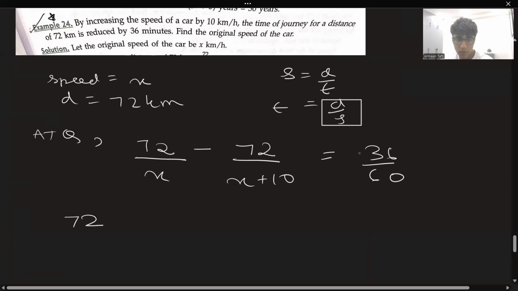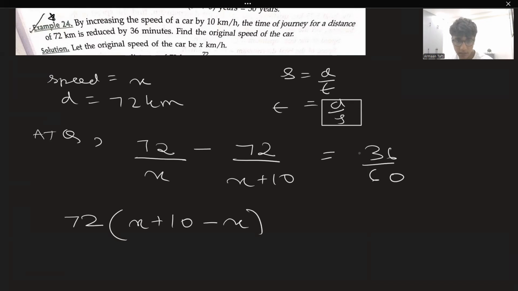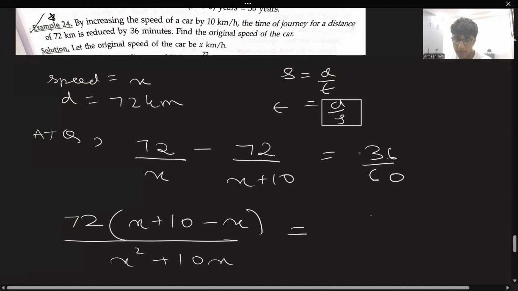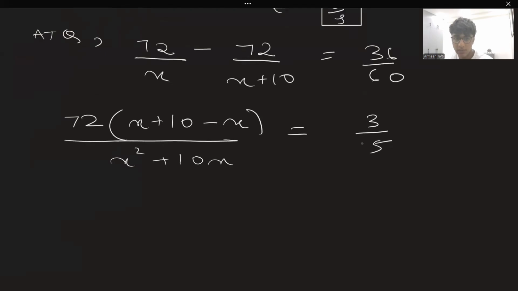If I take 72 out common, I get x plus 10 minus x by x square plus 10x equals 36 by 60, which if we simplify is 4 times 9 by 15, and 9 by 15 is 3 over 5. Now you can cancel this further.